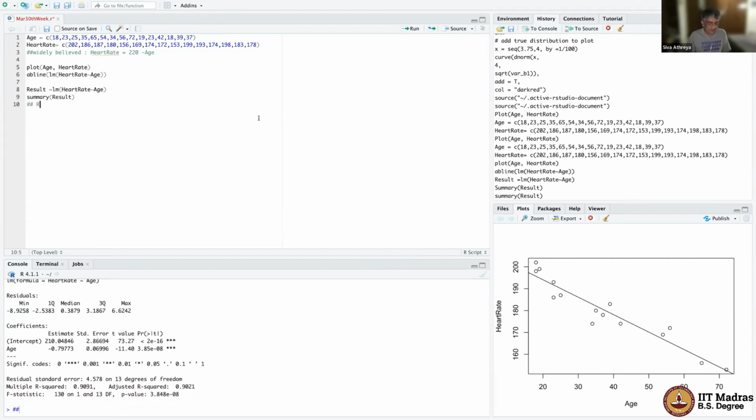We notice that the lm function, the linear model, gives a line like heart rate is equal to 210.49 minus 0.797 multiplied by age. That's what the R line is. Very good. That's what we found out.